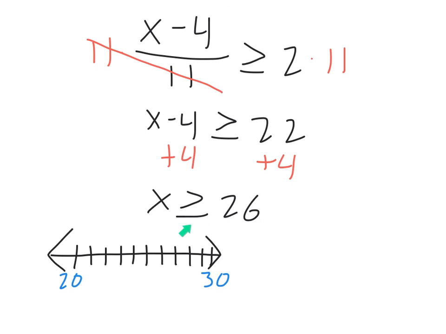There is a line underneath, so that means it is equal to. So that means we need a solid dot at 26. And shade to the right, because it's greater than.